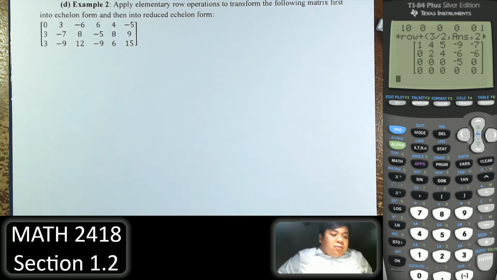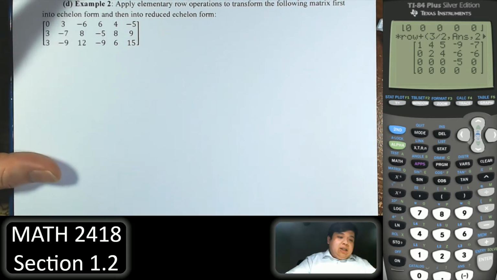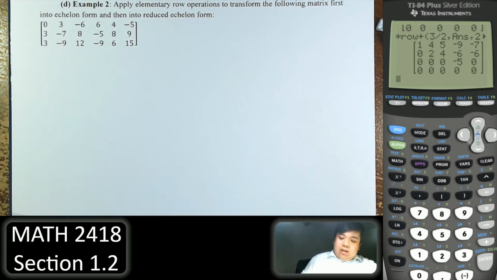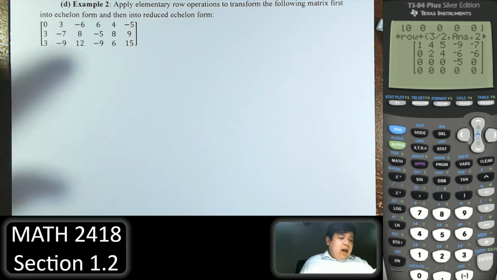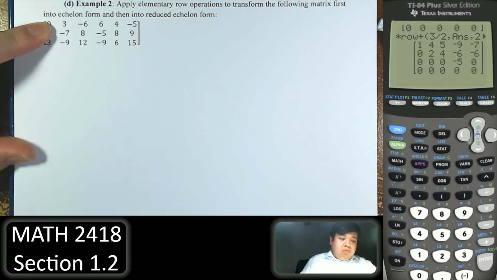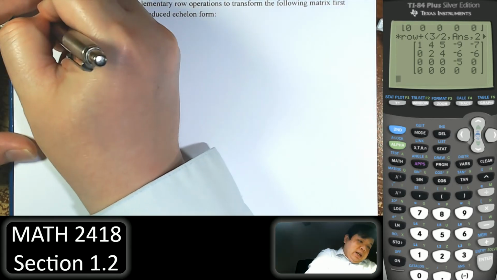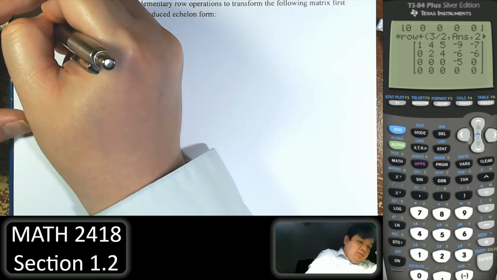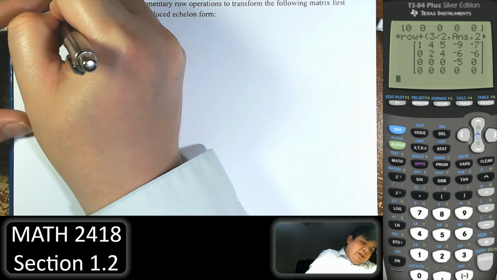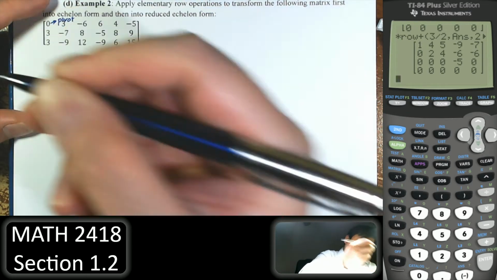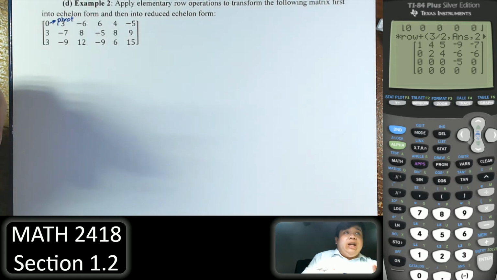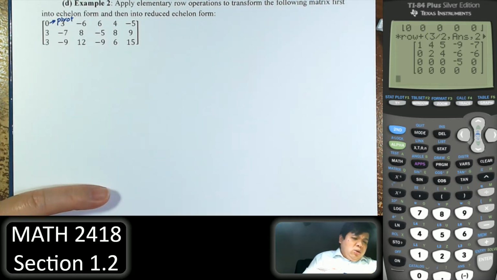Now, let's say we have this. First, we need the non-zero entry there. So this needs to be a pivot, a non-zero entry. So I'm going to turn that to something other than 0. It's easy.